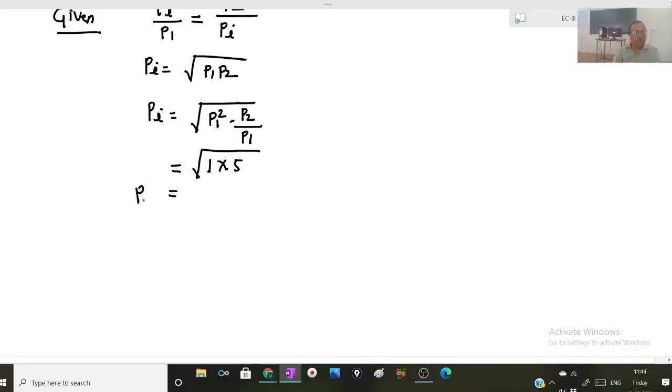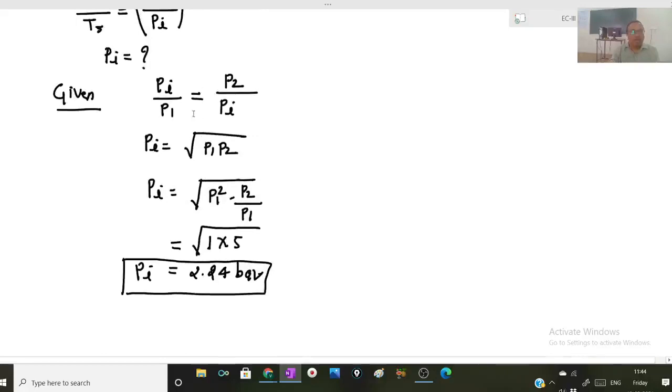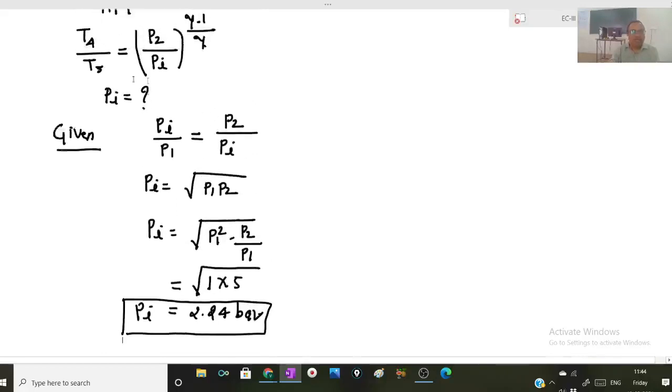So from here the intermediate pressure Pi will be 2.24 bar. Got it? From the given condition of Pi by P1 equal to P2 by Pi, I could get the value of Pi.